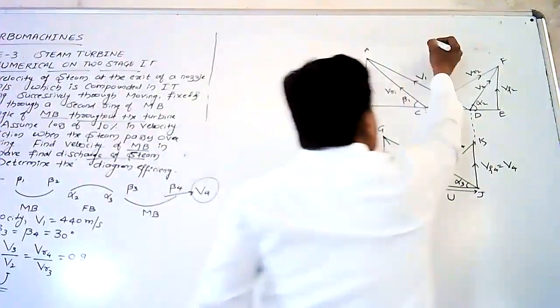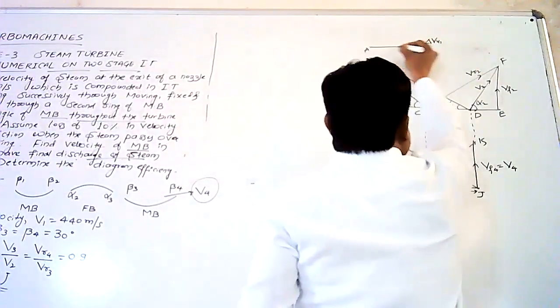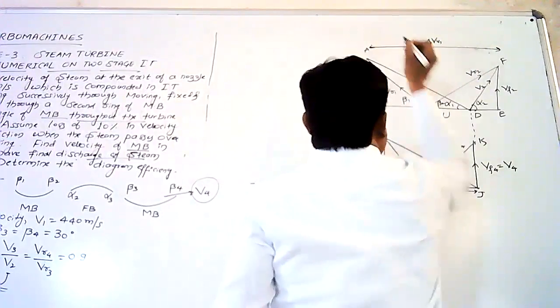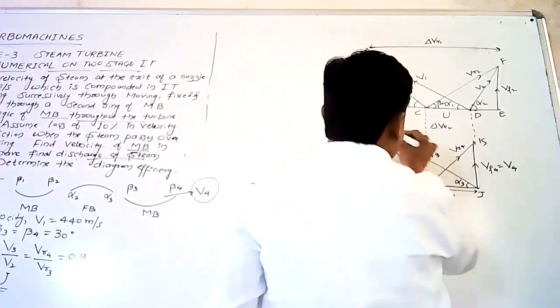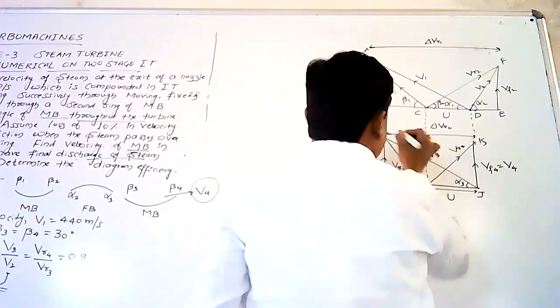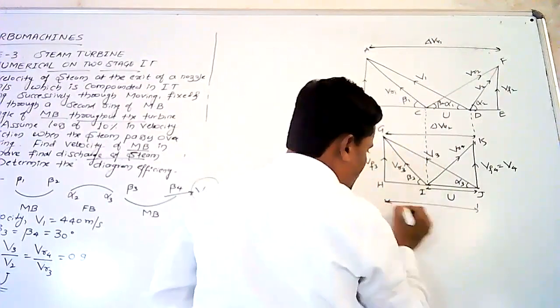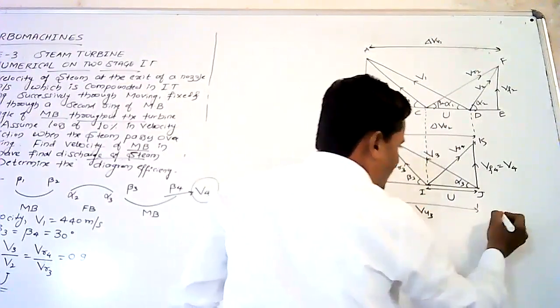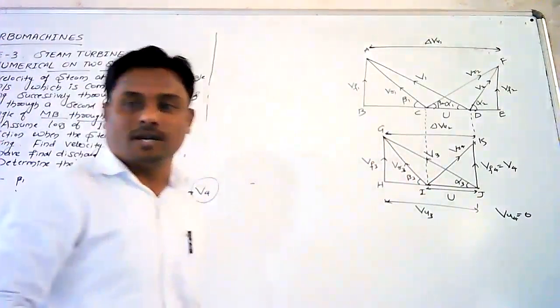Right. So delta VU1 is the algebraic sum of VU1 and VU2, and similarly delta VU2 is the algebraic sum of VU3 and VU4. Of course, VU4 equals 0 here. This is VU3, and here VU4 equals 0, since there is no vertical velocity at the outlet.